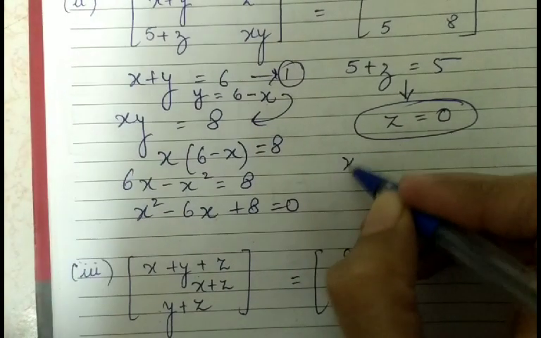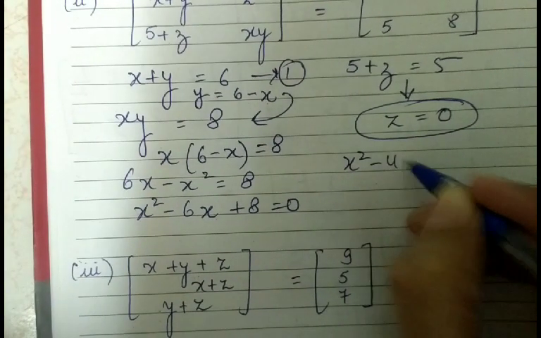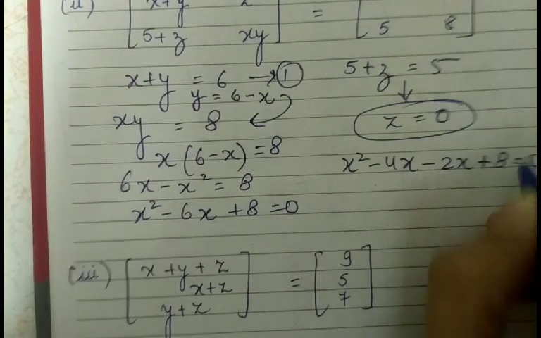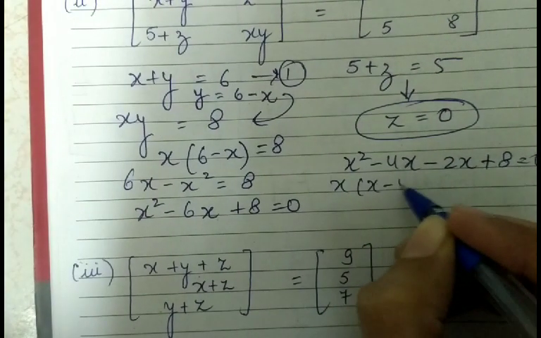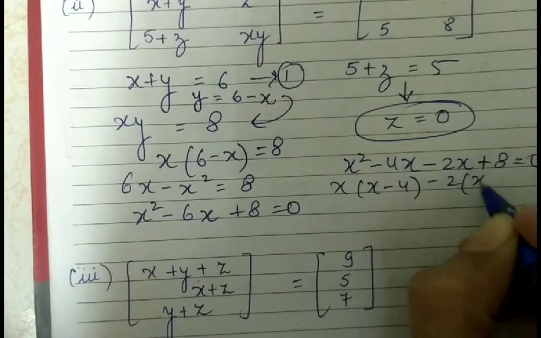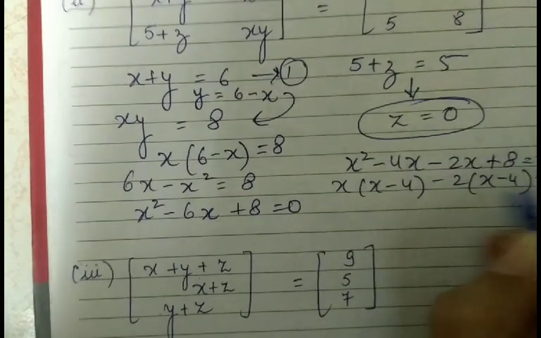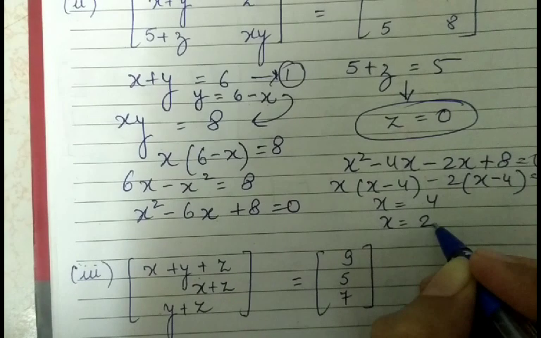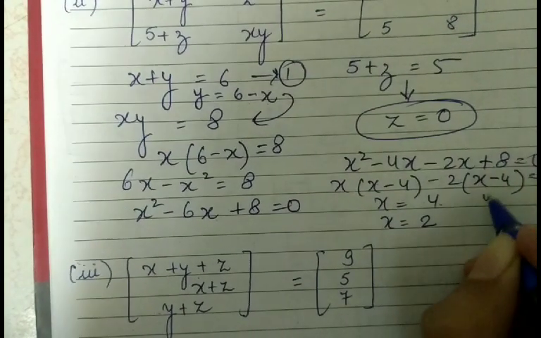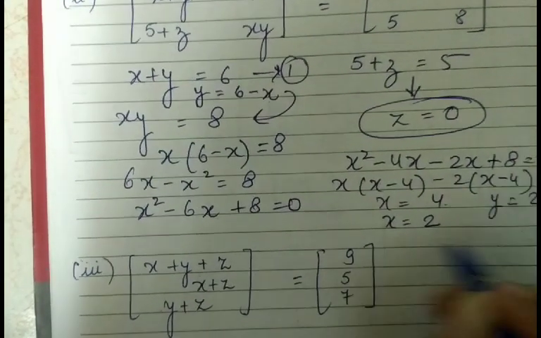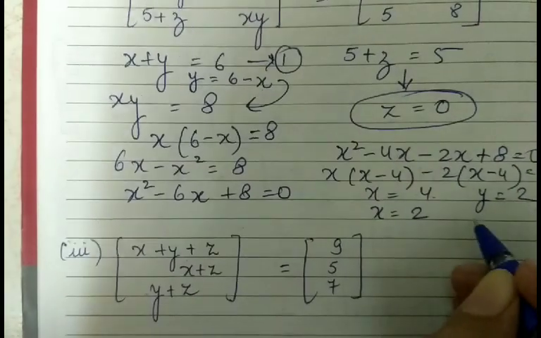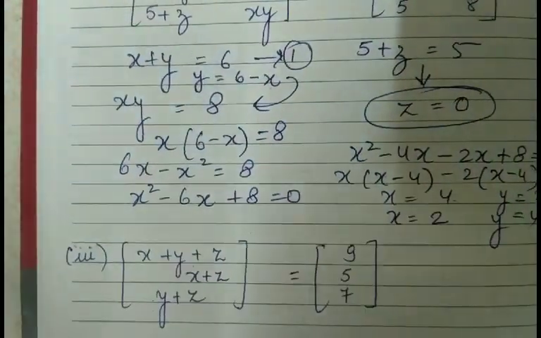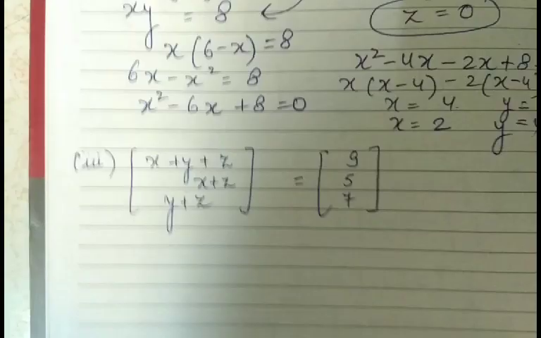It will then become x square minus 4x minus 2x plus 8 equals to 0. So our x will be either x equals to 4 or x equals to 2. When we put x equals to 4, y will be 2. When we put x equals to 2, y will be 4. So we have found here values of x, y and z.